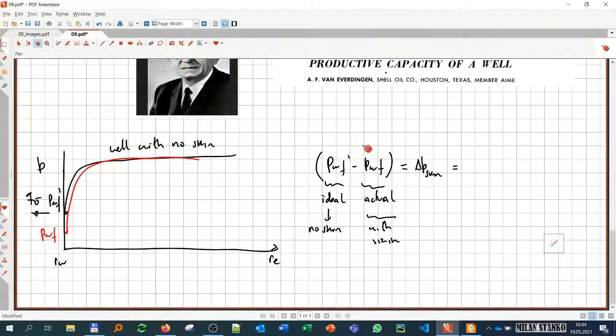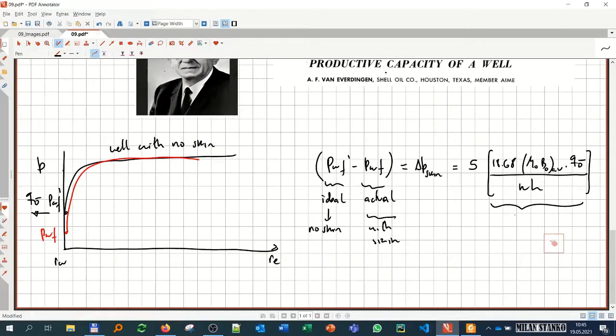So this is equal to a dimensionless factor called S, the skin factor, multiplied by something that gives units: 18.68 times mu BO at average times QO divided by KH. All of these units give you bar.